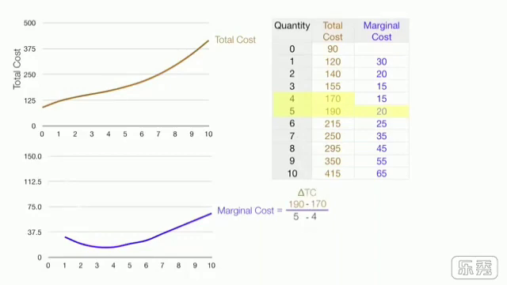Change in total cost divided by change in quantity. This is equal to 20 divided by 1, or 20. So I go to 5, and I go across, and that is 20, marginal cost of 20. Unit cost goes right there, marginal cost of 20.